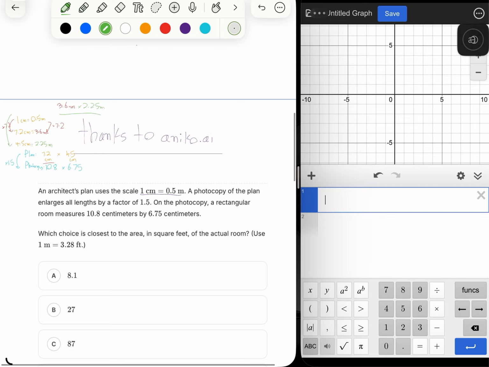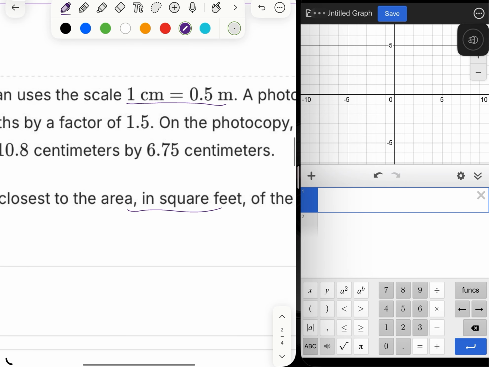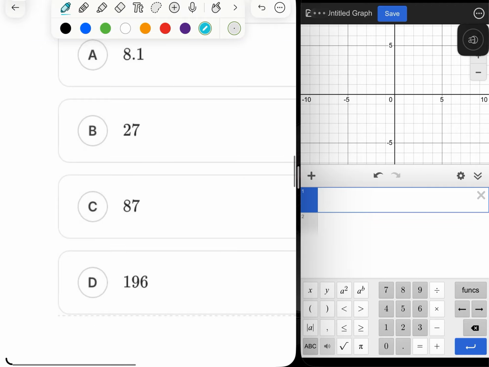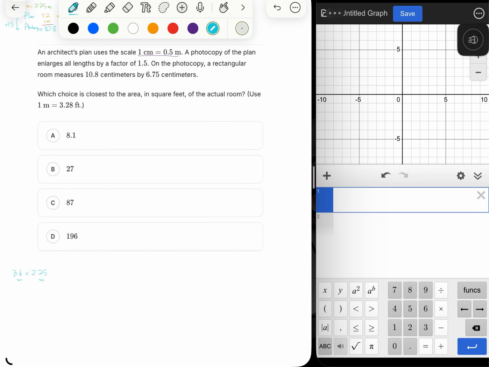So now given that, how do we find the area of the actual room in square feet? Well, you can think about this in two ways. I'm going to first show you the first method. So if you're given 3.6 by 2.25, these are meters, and you're trying to convert this into square feet.